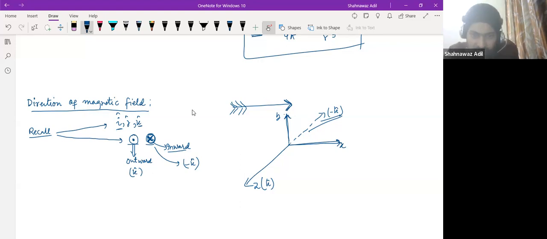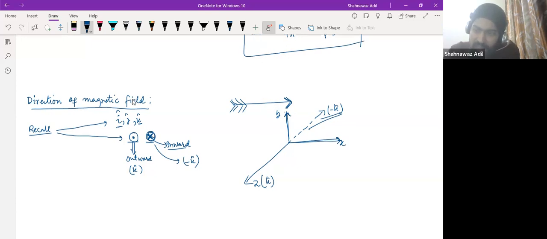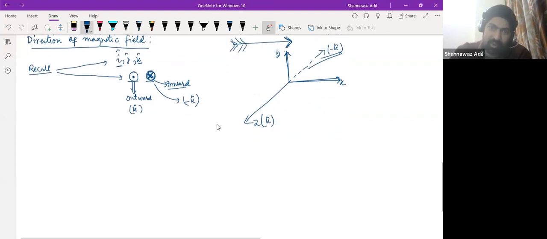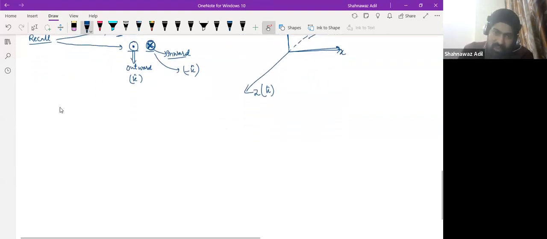Okay, so now we can talk about how we know the direction of the magnetic field, right? So how do we calculate the direction? We gave so much time to this topic, and I wanted to at least complete this. So quickly let us talk about this. We have two ways to calculate the direction.